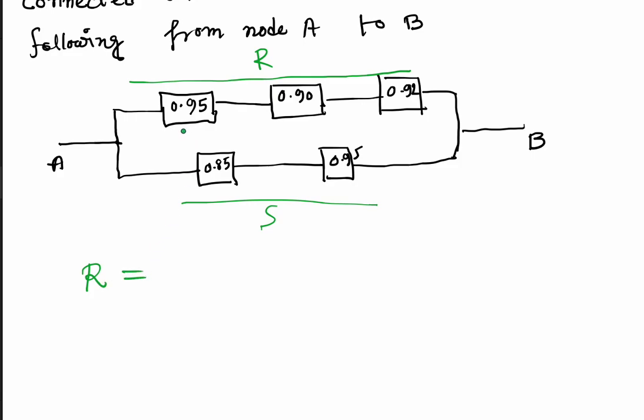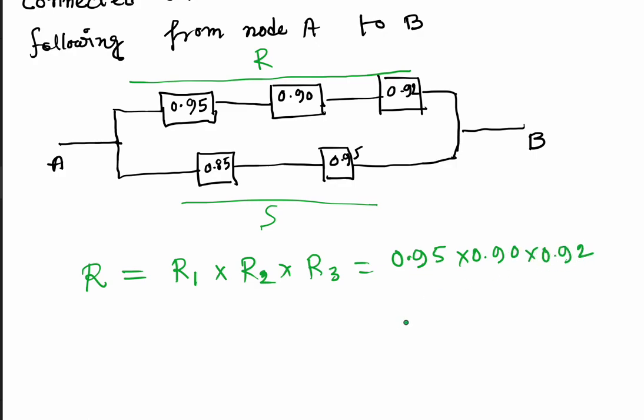It is the reliability of these 1, 2 and 3 in series, R1 into R2 into R3. So that is 0.95 into 0.90 into 0.92, which is 0.8075.